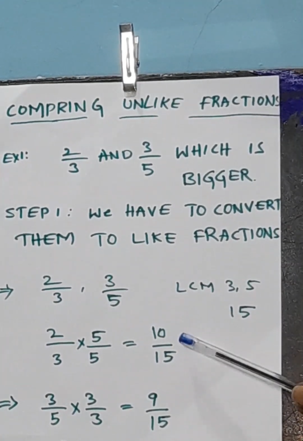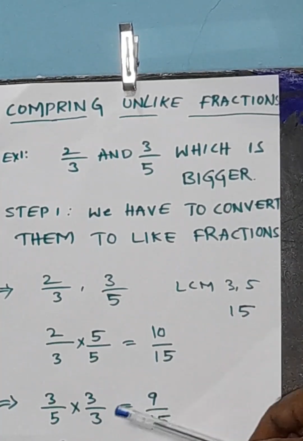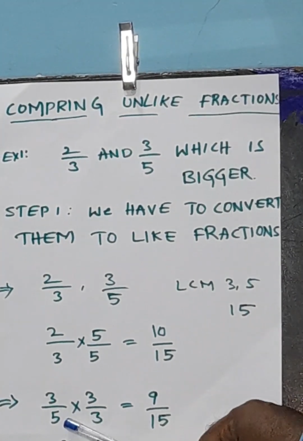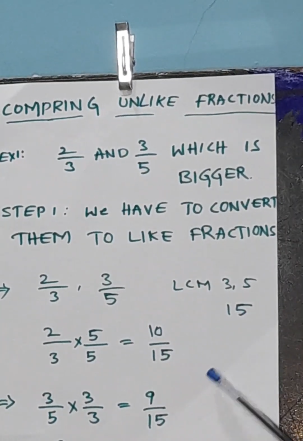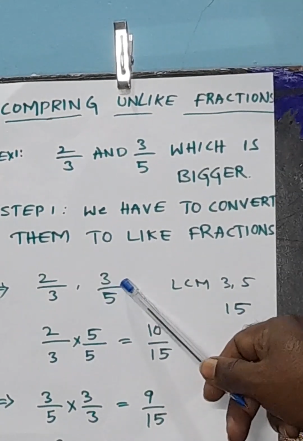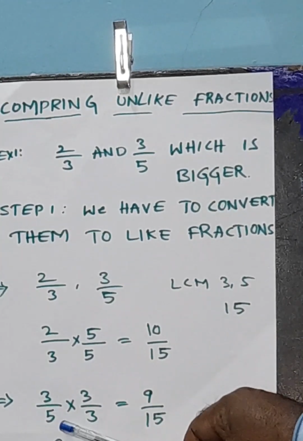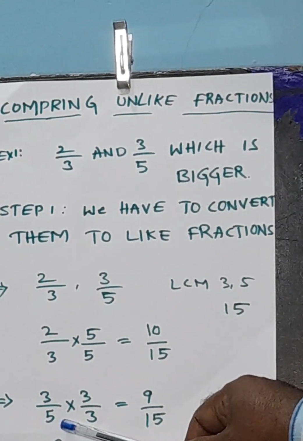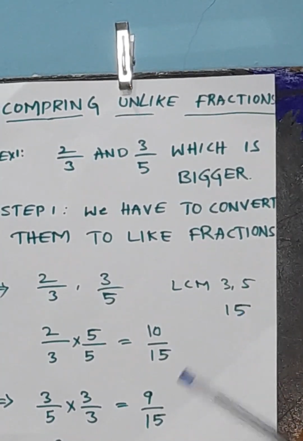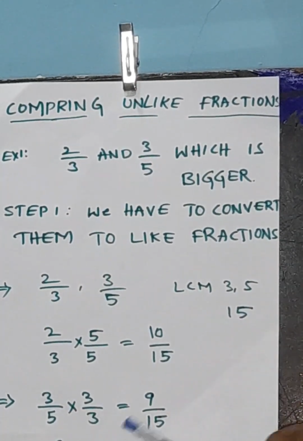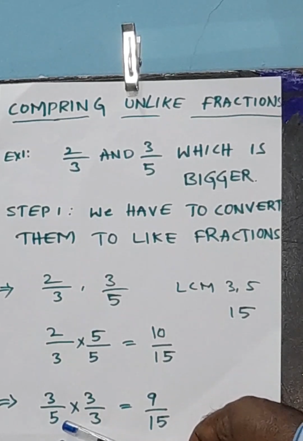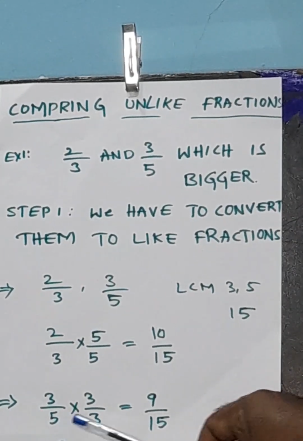In the same way, with the help of this LCM, we have to multiply another number to get the same LCM. Here the second fraction is 3 by 5. How can we get 15 in the denominator? To get 15 in the denominator, we have to multiply 5 with 3.